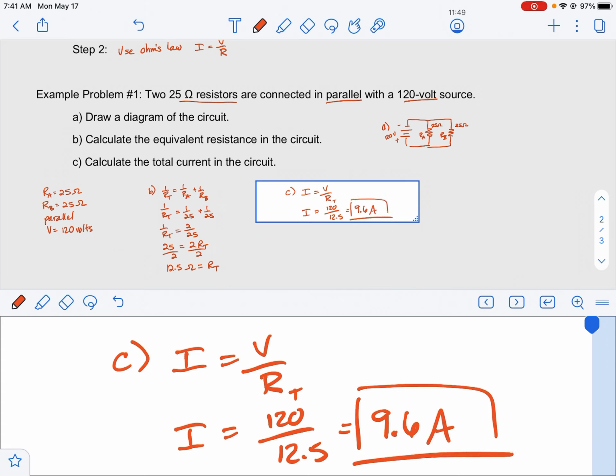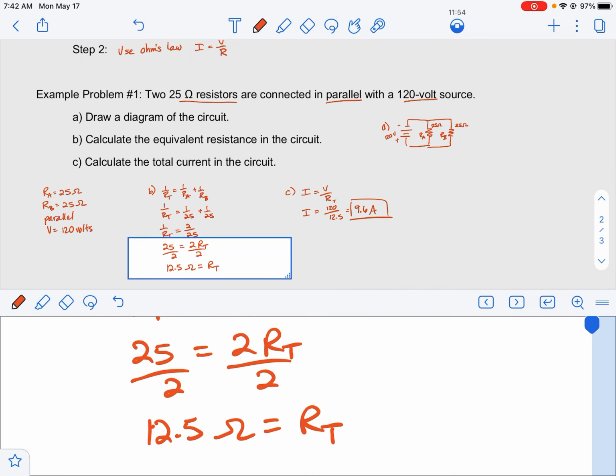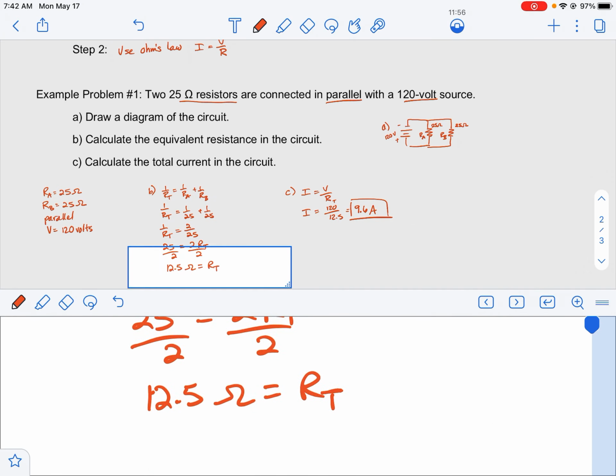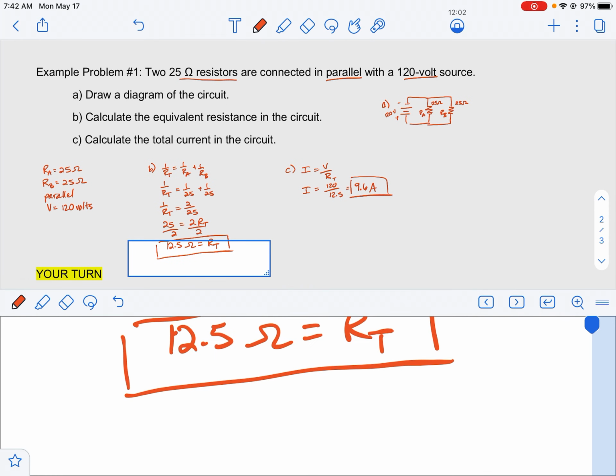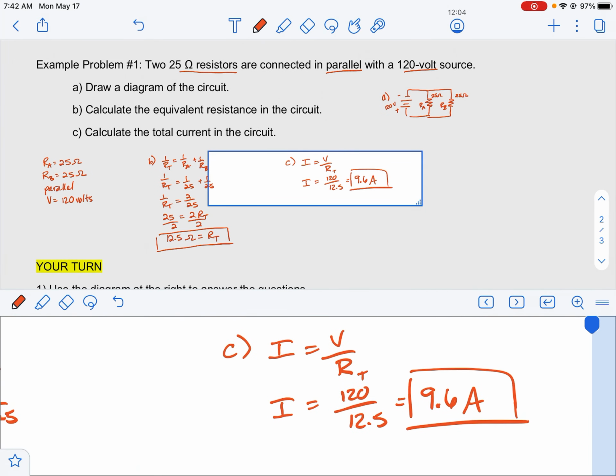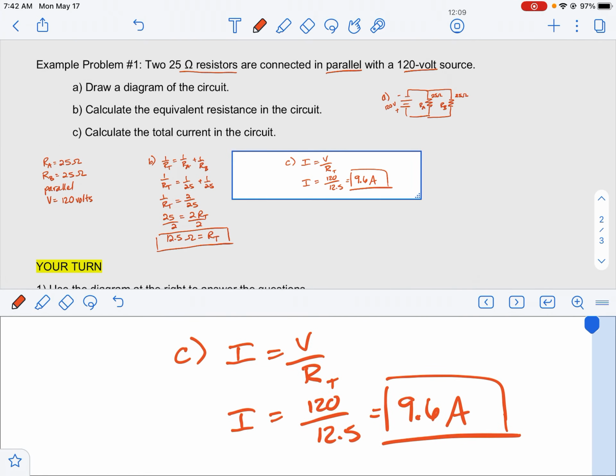Amperes, because this is current. Okay? So we found the total resistance. It's a little bit trickier than it is with a series circuit. And then we plugged that in in order to find the total current in the circuit.